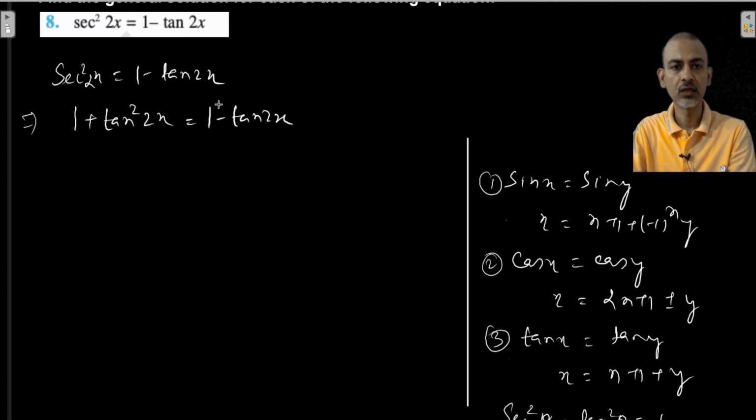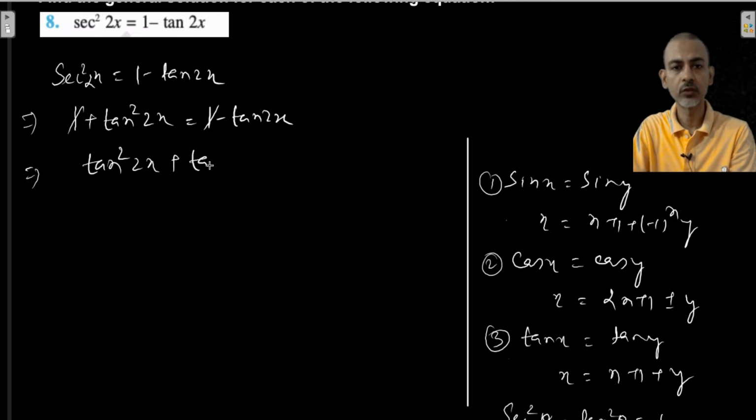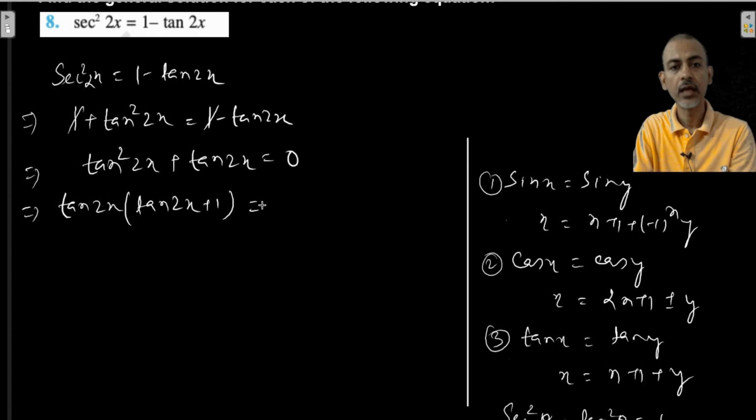I can cancel out 1 and bring tan 2x to the other side. So this will become tan square 2x plus tan 2x equals 0. And if I take tan 2x common from here, then it will reduce to tan 2x into tan 2x plus 1, which is a product of two terms.